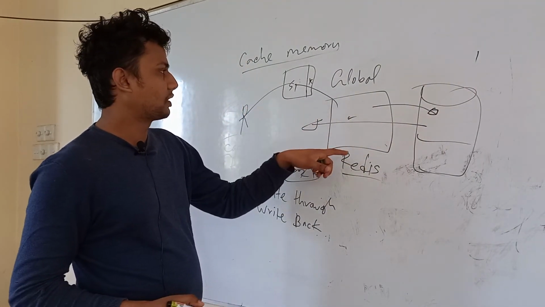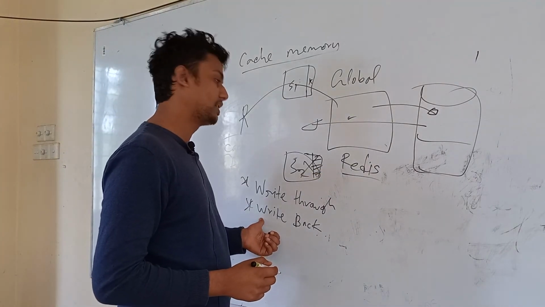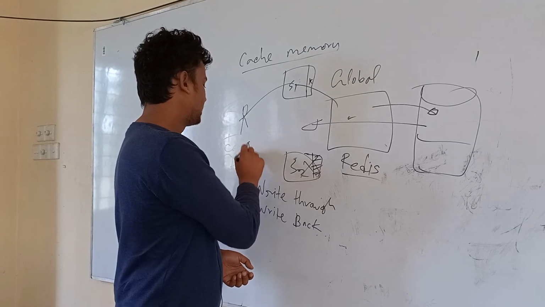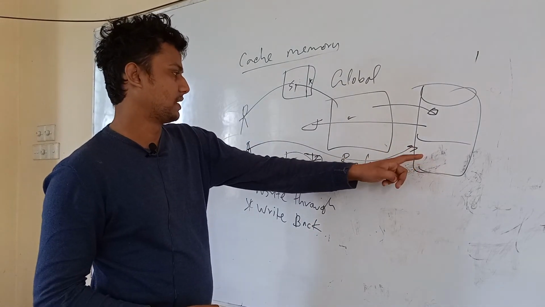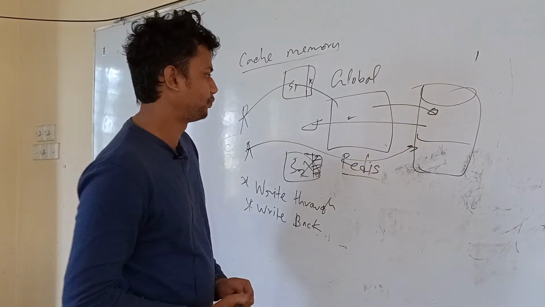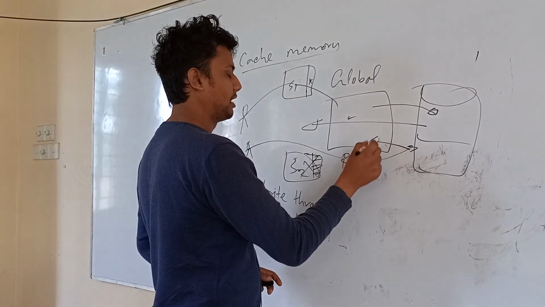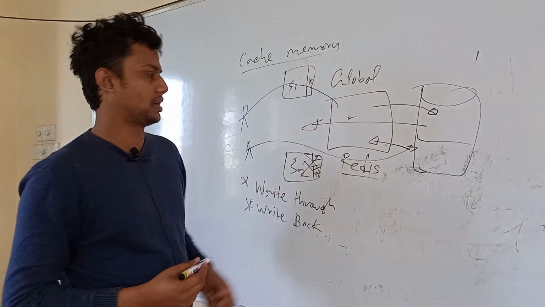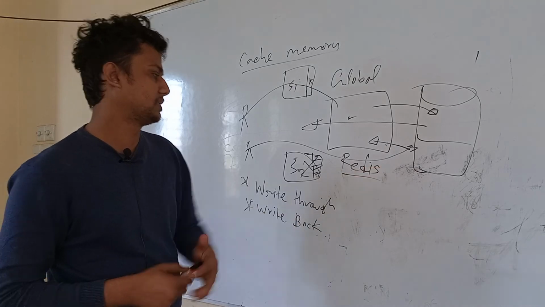It will first update the cache and then the database. And the write back policy is less performant, that means it will go first to the database, make the update, and then update the global cache.